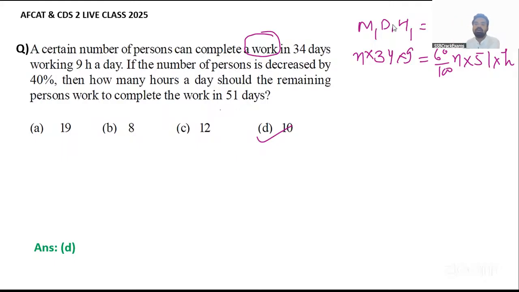So this formula can work to find the number of men as well. Suppose they are saying that initially they have 20 men that work for 34 days by 9 hours a day. And in the second case, we need to find the number of men that can complete the work in 30 days by working 10 hours a day.